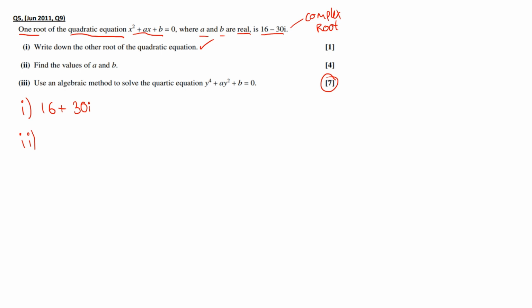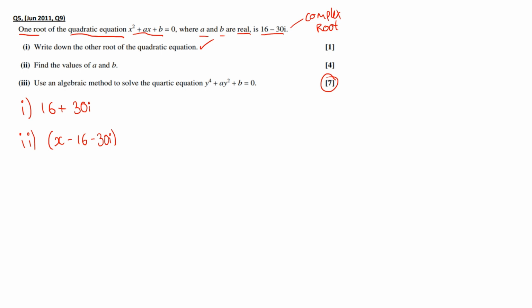So we know that these are our roots, but we want to find the brackets that make these roots. The two brackets could be x minus 16 minus 30i, because to make this bracket 0 you would need x to be 16 and then 30i.